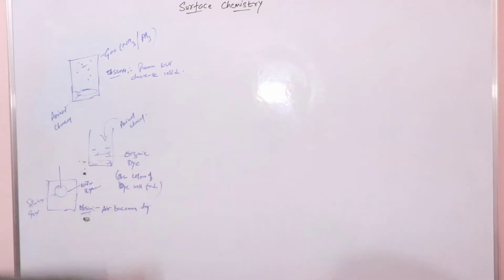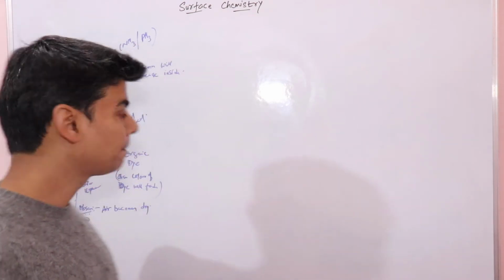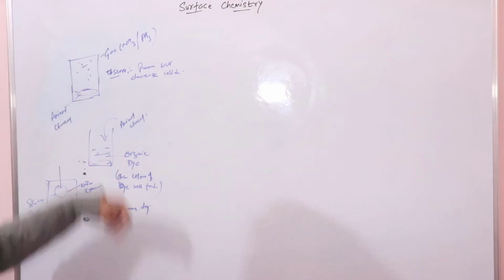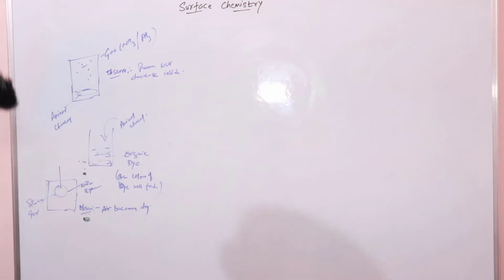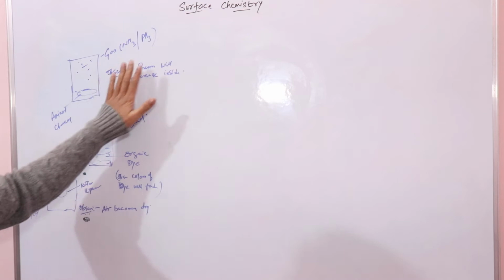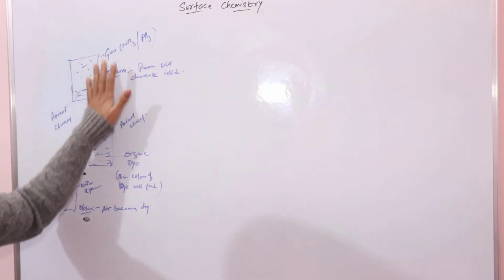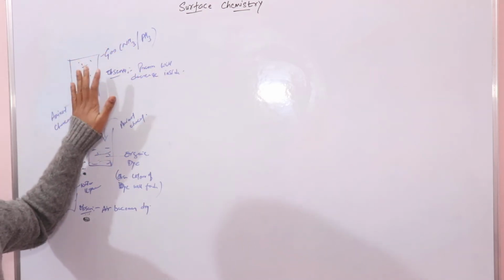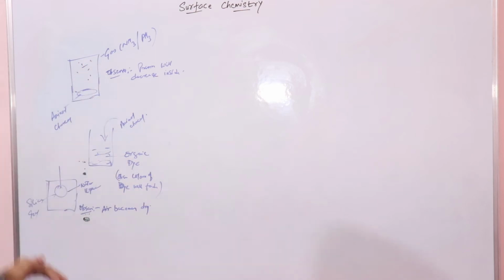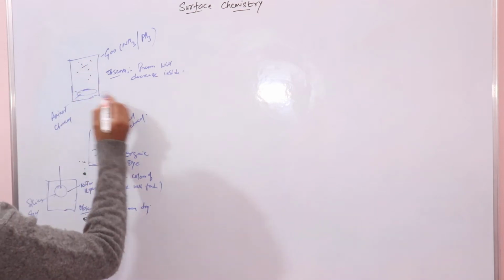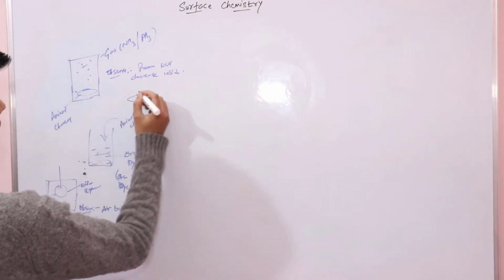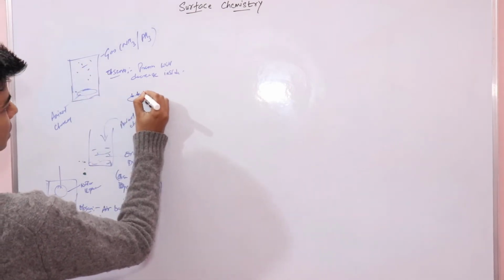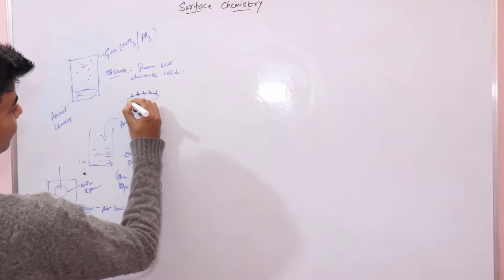So what could be the reason for these observations? When you lowered animal charcoal here, the animal charcoal was in contact with ammonia or phosphine, and after some time the pressure inside this vessel will decrease. The reason for this decrease is that this animal charcoal will attract these gas molecules.